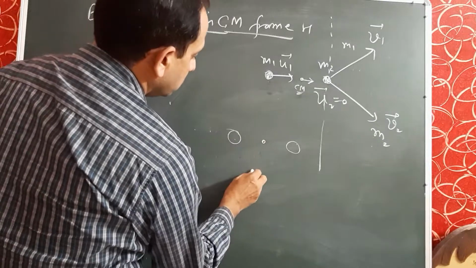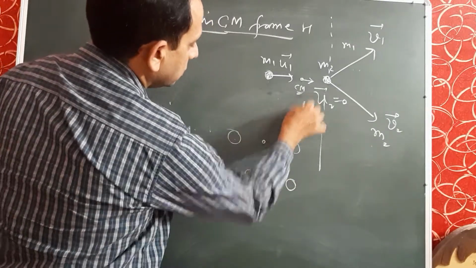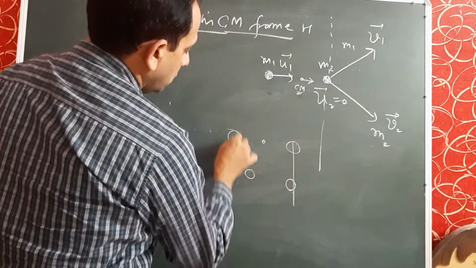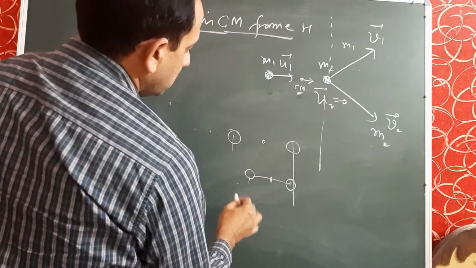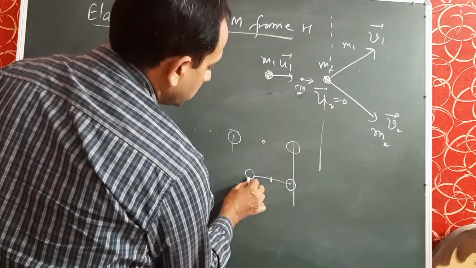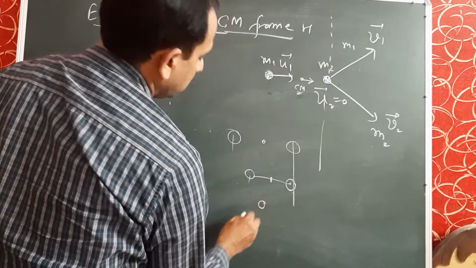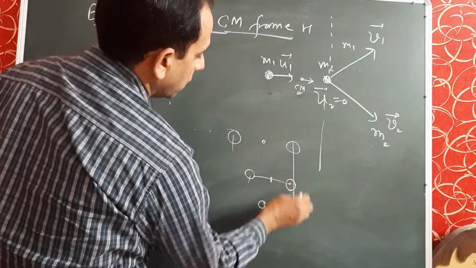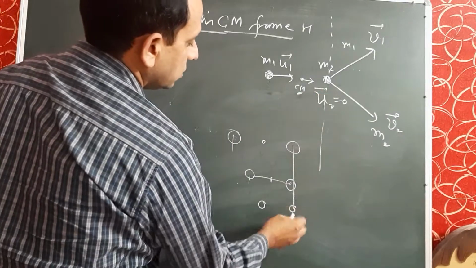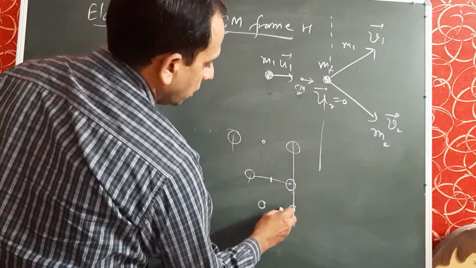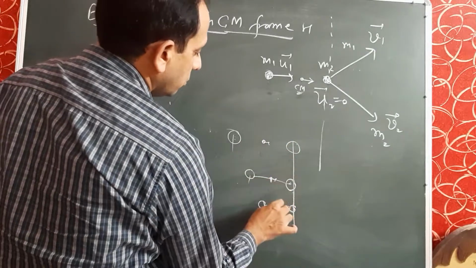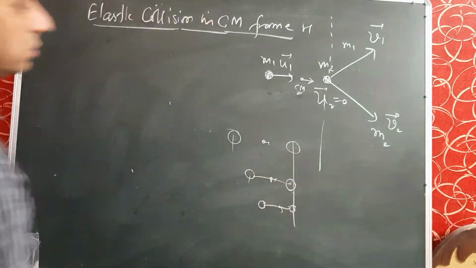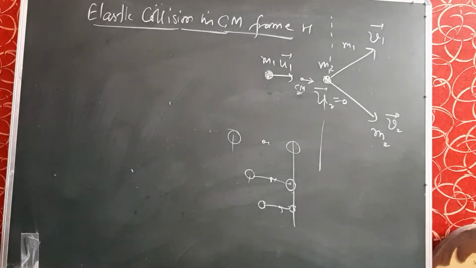It means the center of mass is moving with a slower speed than the first particle.